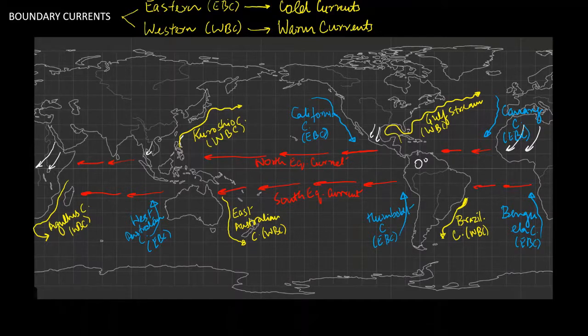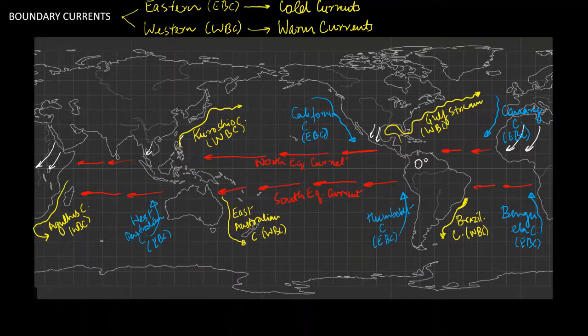They transport warm waters from lower latitudes towards the higher latitudes, while the eastern boundary of the oceans has the currents which travel from high latitude towards low latitudes, and they transport cold waters, and they are called eastern boundary currents.